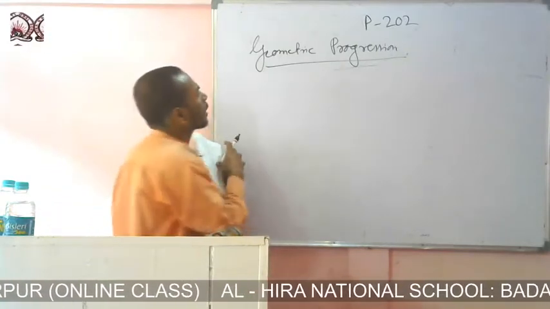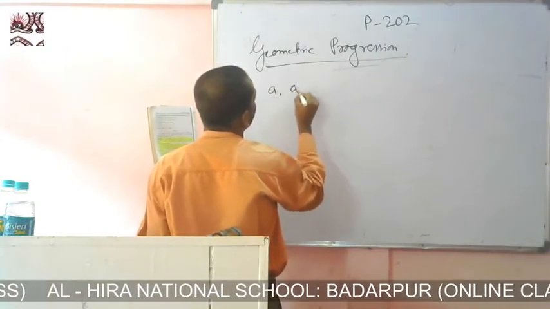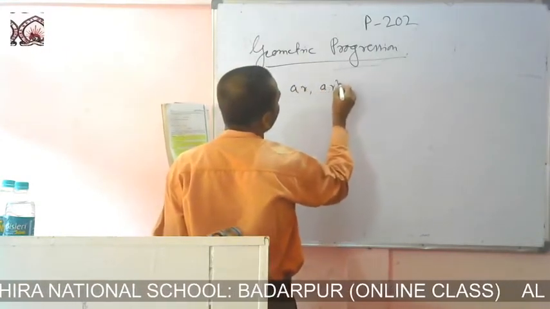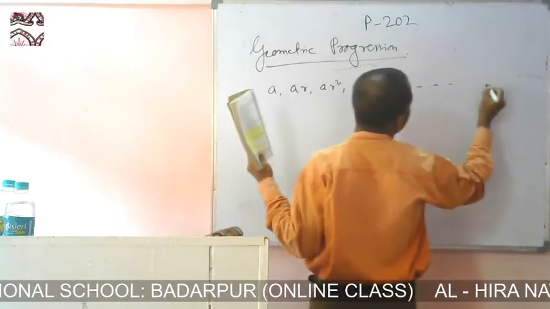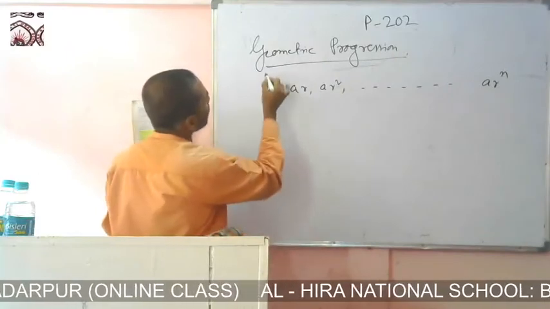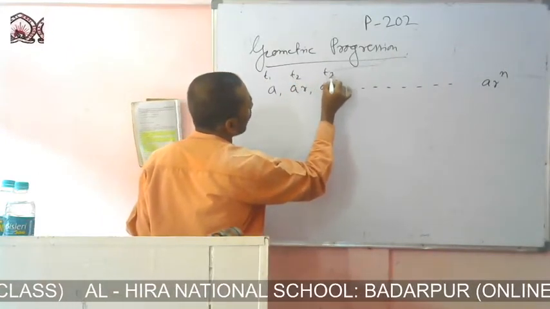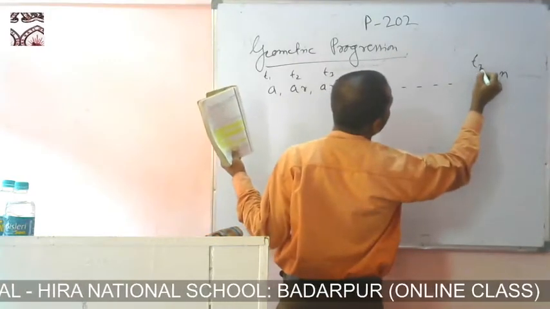So the series is expressed as a, ar, ar square, ... ar to the power n minus 1. Like earlier, this is term 1, this is term 2, this is term 3, and this is term n.